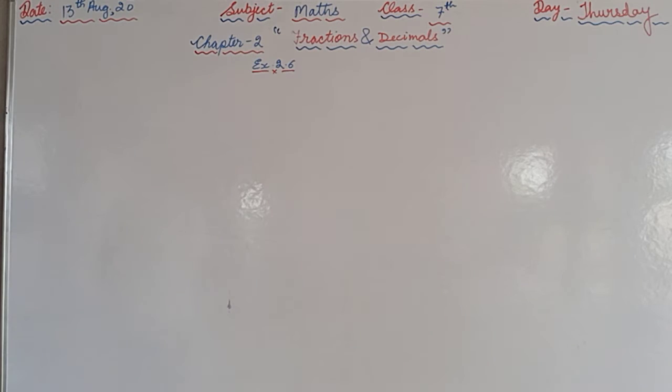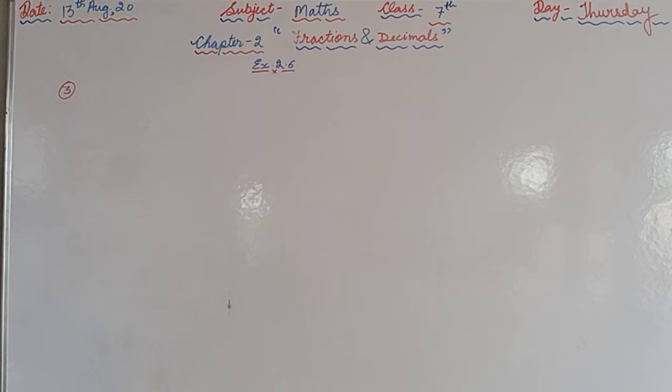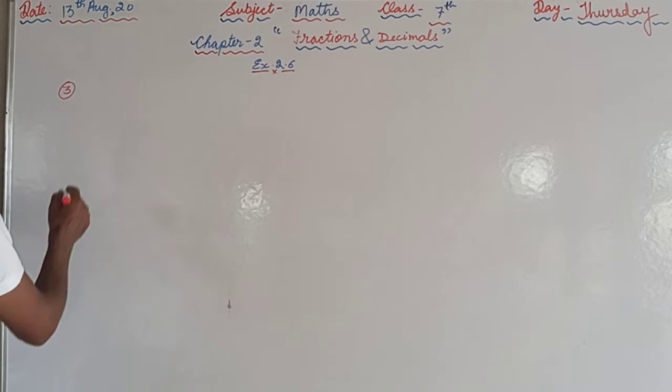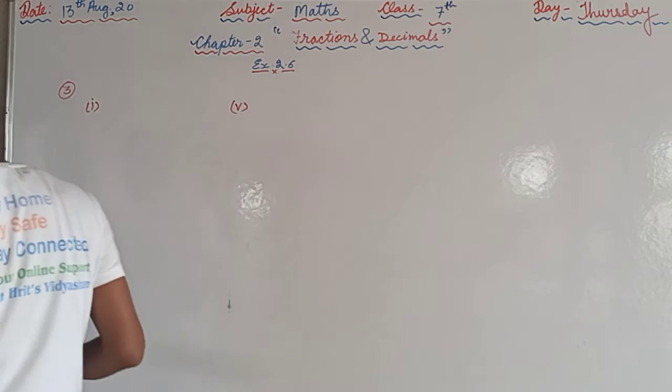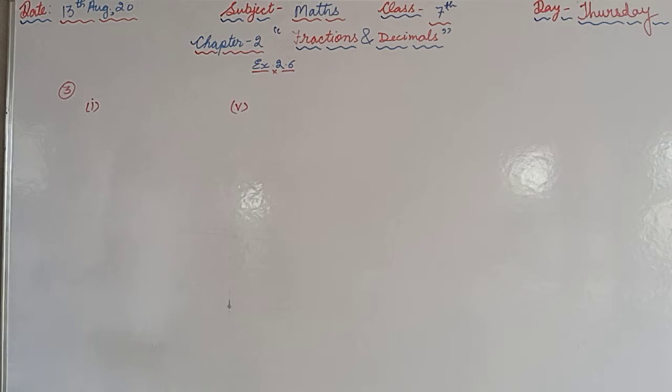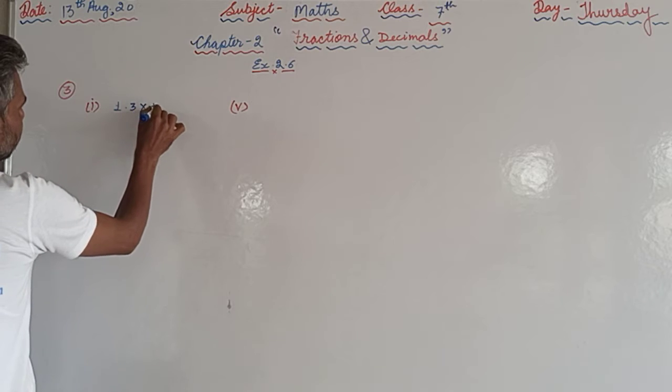In question number 3, again we have to multiply. We will take the first part, the fifth part, and the last one, the 12th part. In the first part, it is 1.3 into 10.